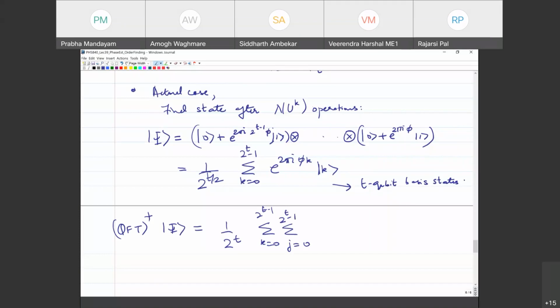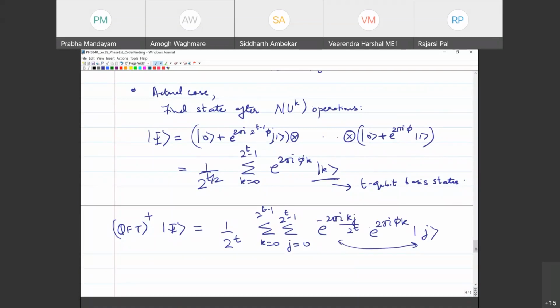So this is e to the minus 2 pi i jk by 2 to the t. This is the standard Fourier transform expression, because each k becomes a superposition of this form, and then there's a sum over all these j's.